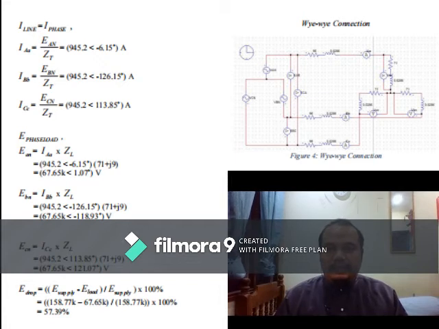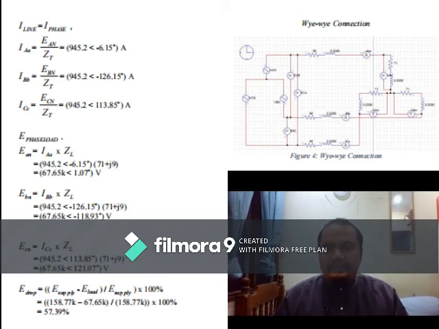Same for IBB times ZL, and I got 67.65 K. The 67.65 K is the same value, but the difference is in the angle provided: from 1.07 for EAN, negative 118.93 for EBN, and 121.07 for ECN.